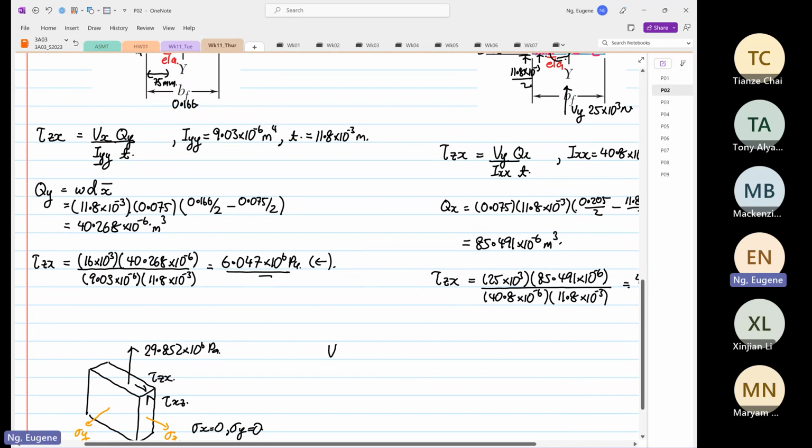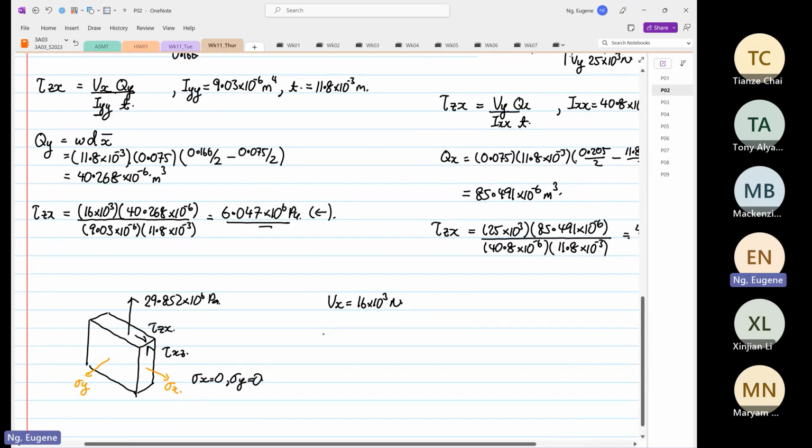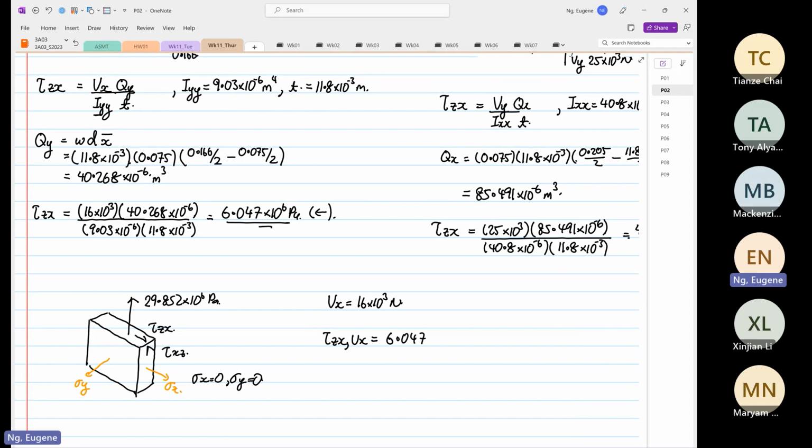So when Vx is equal to 16 times 10 to the power 3 Newton, we know that shear Zx due to Vx is equal to 6.047 times 10 to the power 6 Pascal, and the direction is going this side.